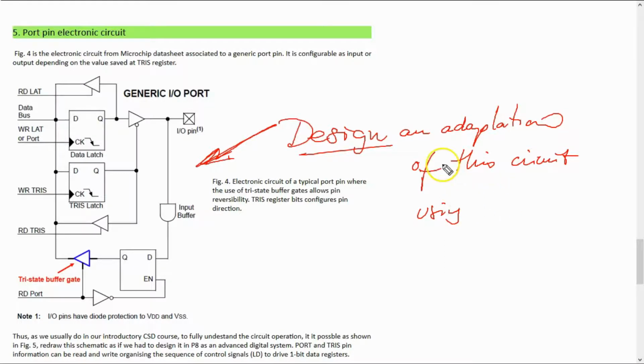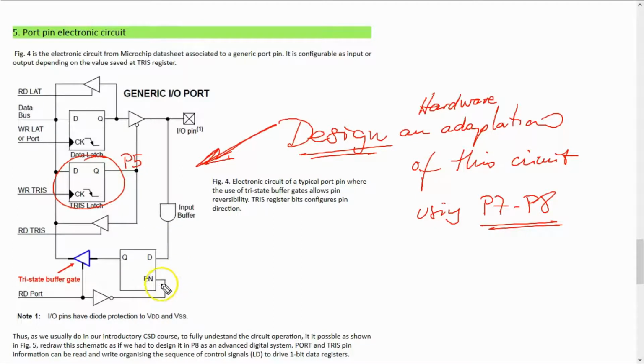For example, what if you design a hardware adaptation of the circuit using P7 and P8 concepts and circuits? Because what is this? A latch. Yes, this is from P5. And there is a clock here in some way, so it's a flip-flop, a data flip-flop.